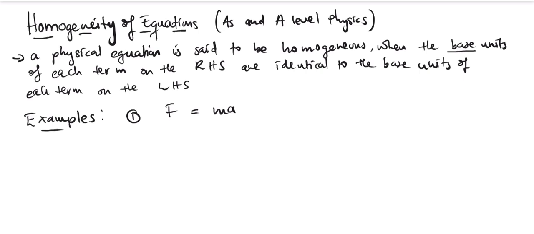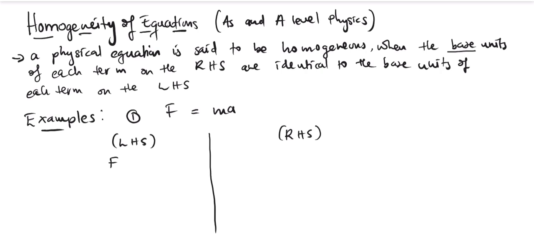So each time a question asks you to show that a physical equation is homogeneous, you consider all the terms on the left hand side, and also the terms on the right hand side as well.